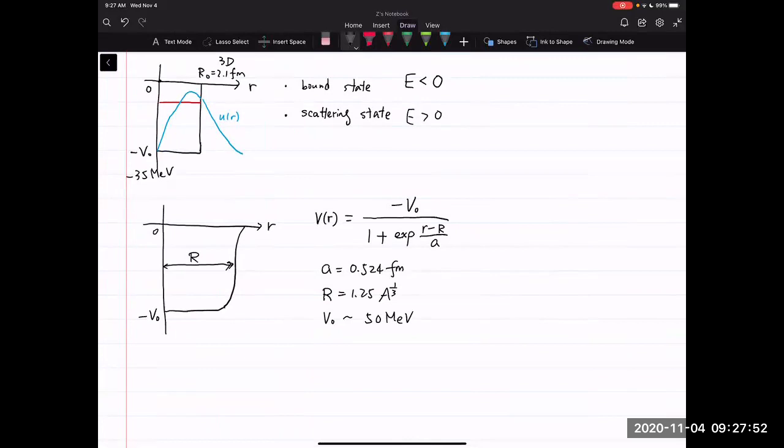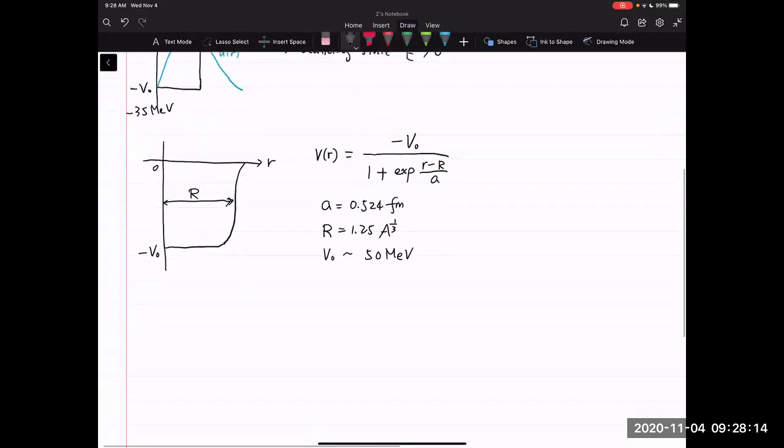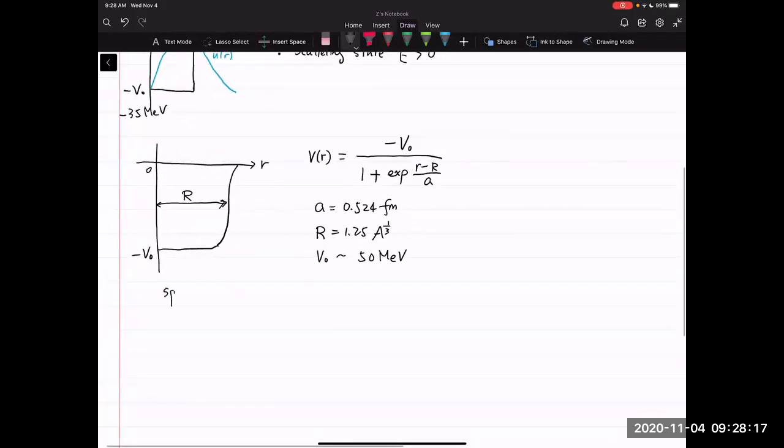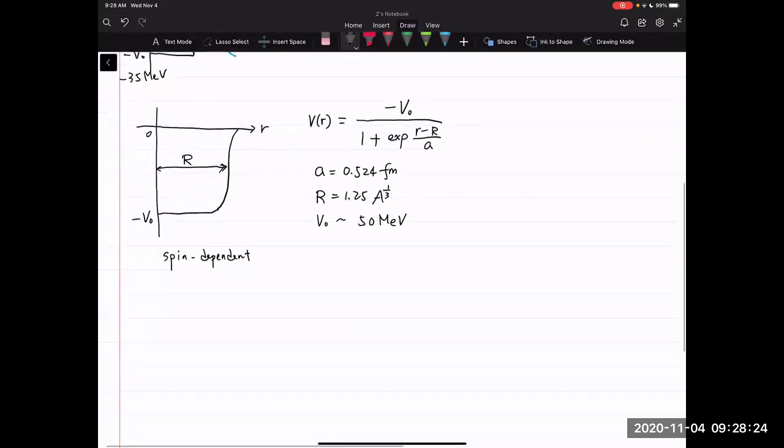The reason is this potential came from the bound-state solution of a deuteron. It only described the so-called triplet state, when the neutron spin and the proton spin are roughly parallel with each other. When they are anti-parallel, the interaction is different. So this interaction of the nucleons is spin dependent, and we need to add the spin dependence into this interaction.